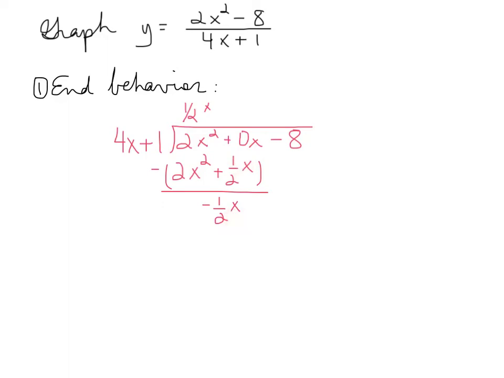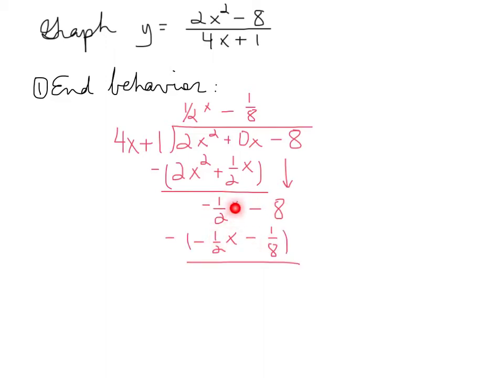Now I ask, what times 4x is negative 1/2 x, and that's negative 1/8. So I'm going to put that here. So now I have negative 1/8 times 4x plus 1. I'm going to bring down the negative 8. And then I'm going to take this times 4x plus 1 and put it down here. And now I'm going to subtract the second one from the first.